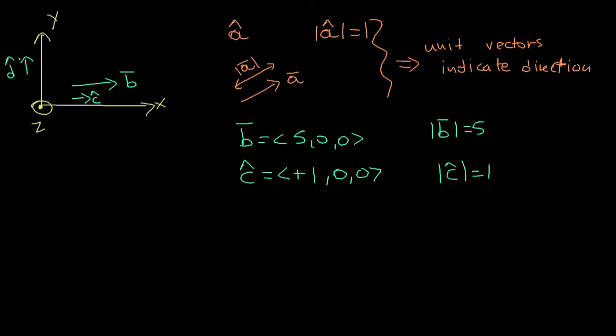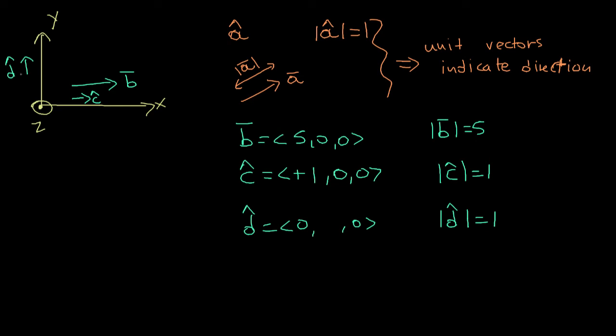Now, how can I find a unit vector that points in, let's say, the positive y direction? Let's call this one d hat. So if you want to find d hat, I know that the x component of this unit vector will have to be 0, and the z component of this unit vector will also have to be 0. Now, since this is a unit vector, the magnitude of this one will have to be 1.